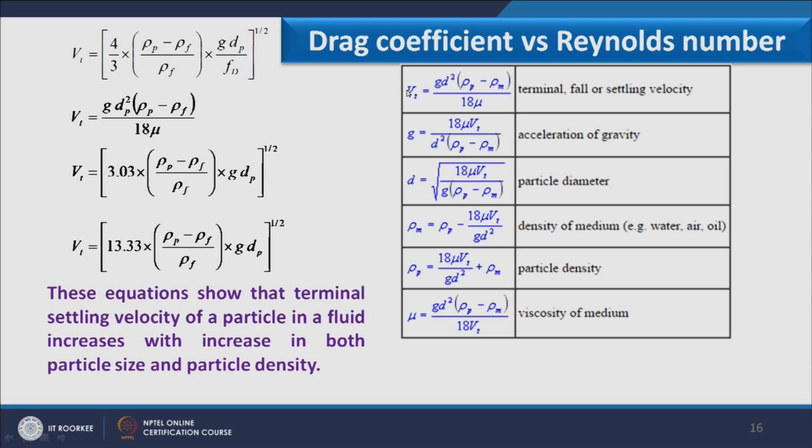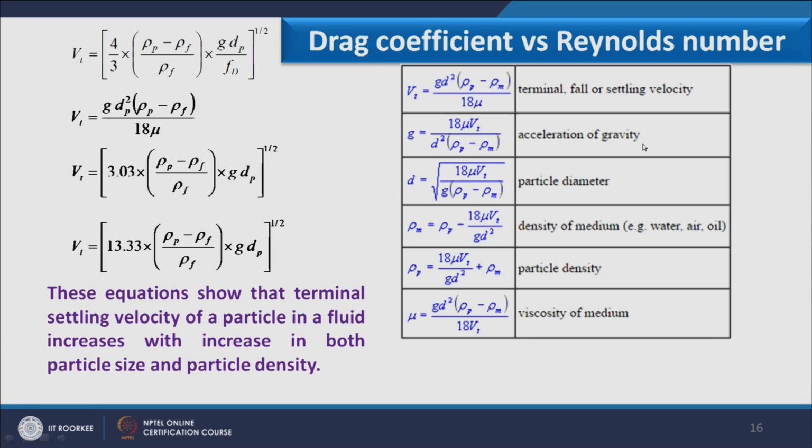Further, if you see this table, it is representing Vt and the expression, which, if you remember, is the expression of Stokes law. So, here we can calculate settling velocity when the particle is falling in the laminar zone, and the same equation we can use to calculate other parameters associated with this expression.